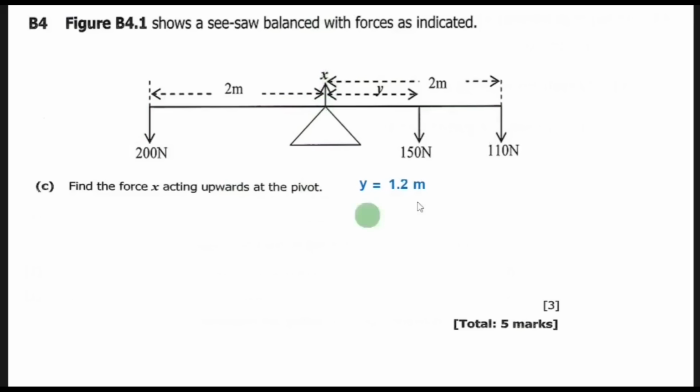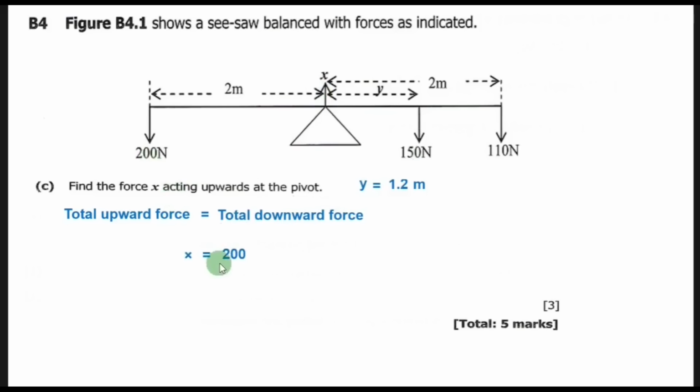So using that law, we are going to say total upward force, which is x, is equal to total downward force, these which are acting downward. So upward force x is equal to downward force, this force plus this plus this.